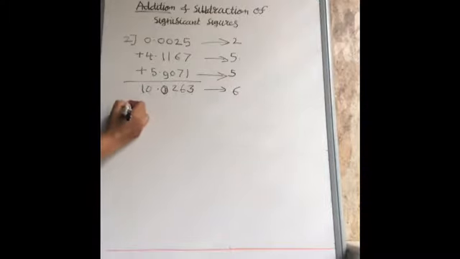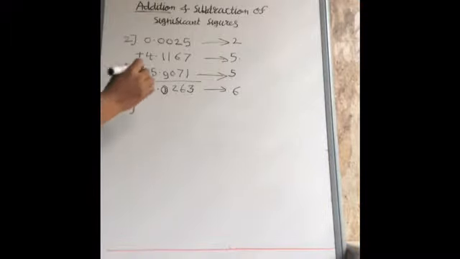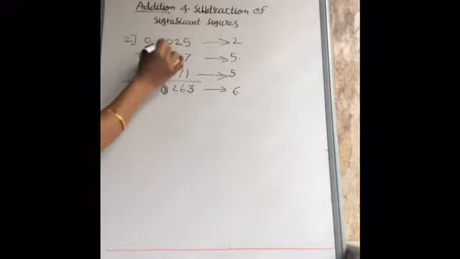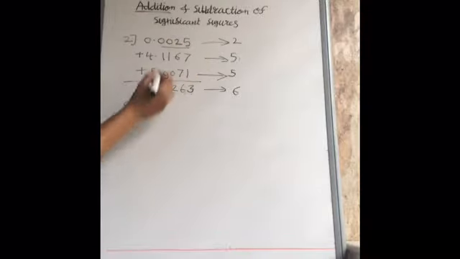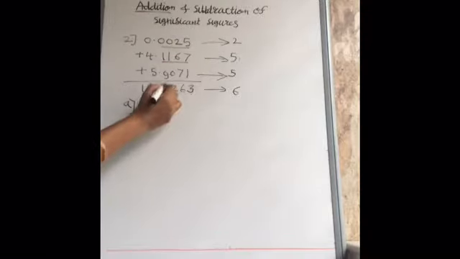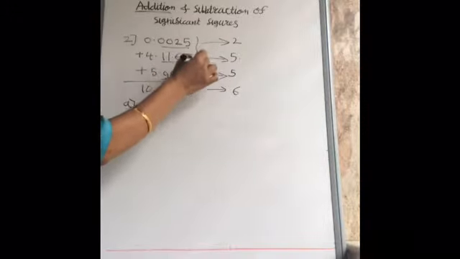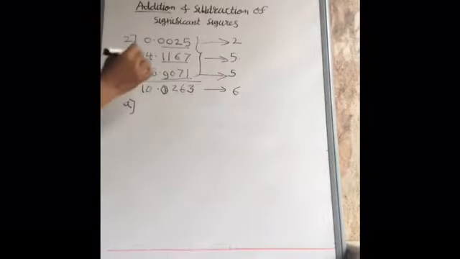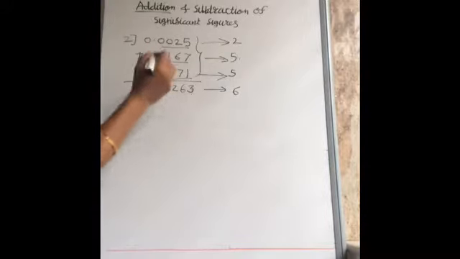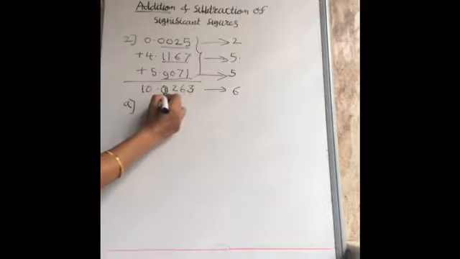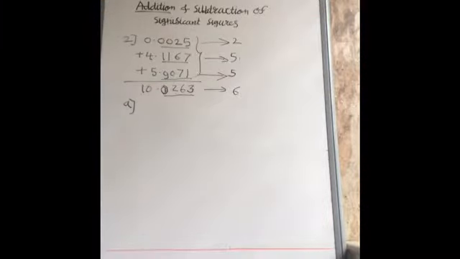But our rule is the least number of digits after decimal. Here there are 4 digits, here also 4, here also 4. All of these have the same number of digits after decimal, that is 4. So your answer should have 4 digits after the decimal point.